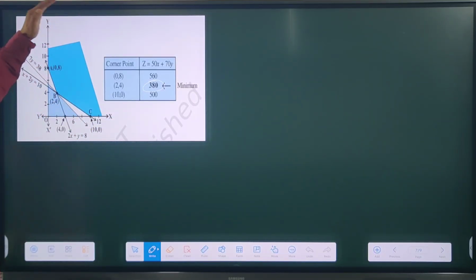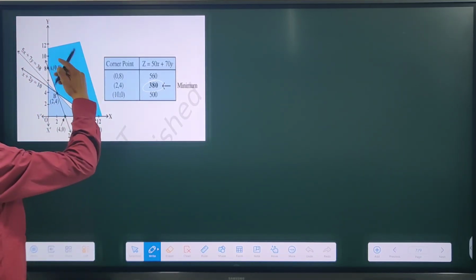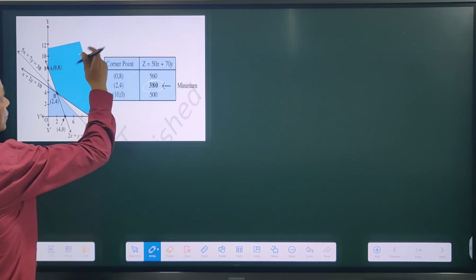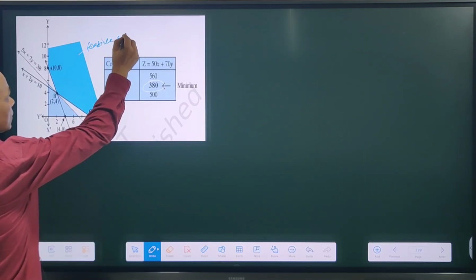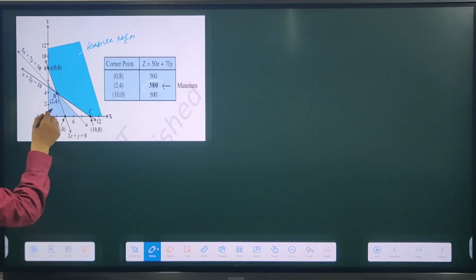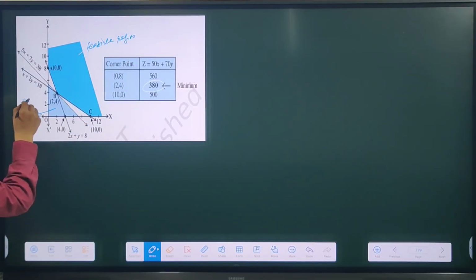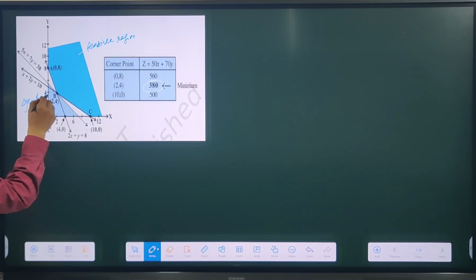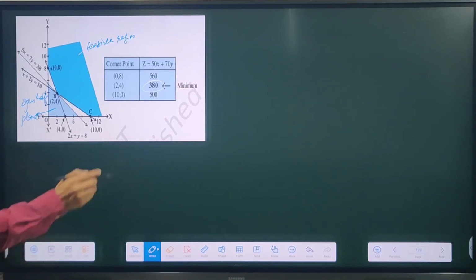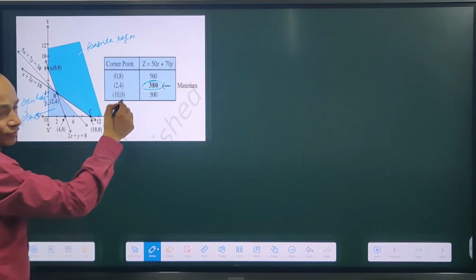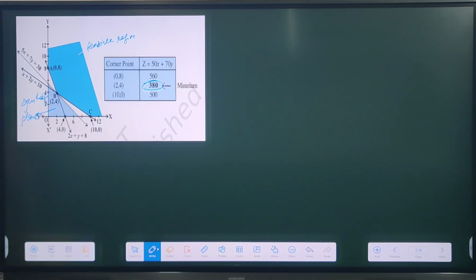This is the feasible region, and this is the open half plane. There is no common point in the feasible region and the open half plane. That means the lowest value of z is the minimum value of z, right?